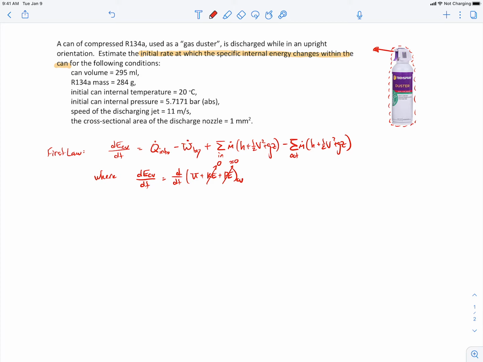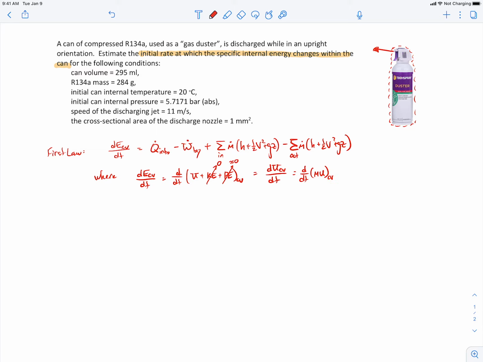Okay? So then what we're left with is the time rate of change of the internal energy within the control volume. We're asked to find the time rate of change of specific internal energy, so let's expand that out into the mass times the specific internal energy within the control volume.